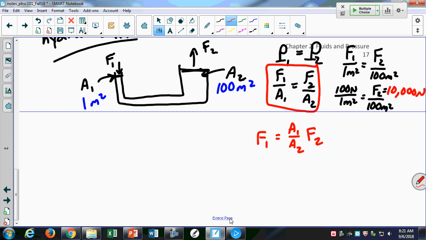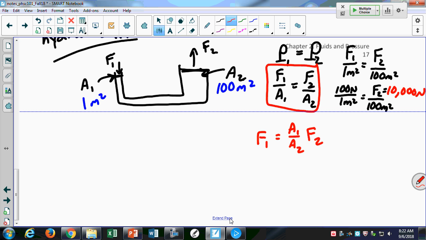Really what I did is multiply both sides of this equation by A1, in order to get rid of the A1 on this side. So F1 is the ratio of the areas times F2, or F1 is 1 over 100 times F2.